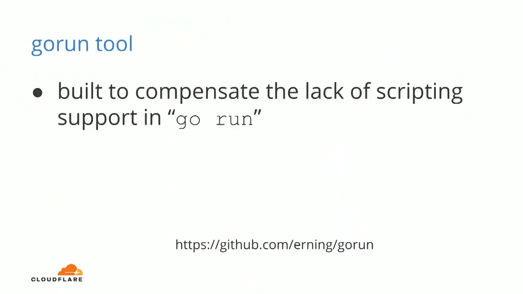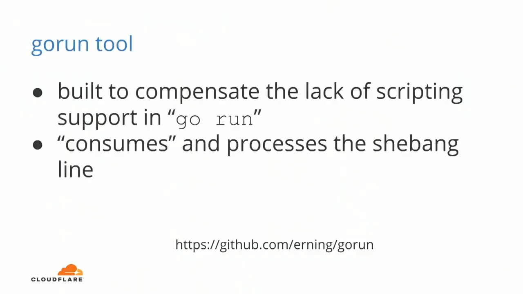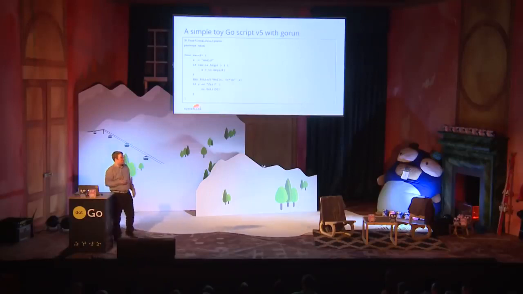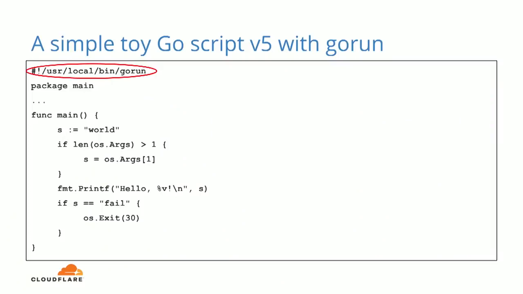It's built to compensate for the shortcomings of go run, and it consumes and ignores the shebang line. So it allows you to have a hash, and it returns the proper exit status. So let's try the shebang line with the custom gorun tool here.